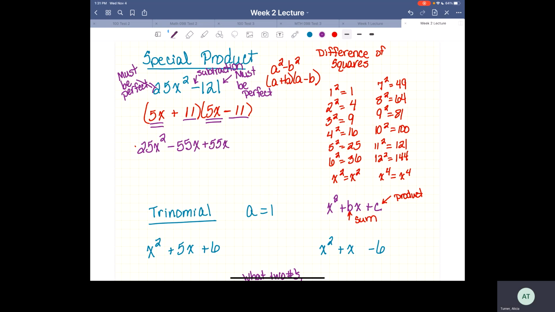And that right there is the important piece to this special product. You can do 11 times negative 11 and get negative 121. So the reason that this factors is because this right here cancels out. That cancels out. Okay, so I end up with 25x squared minus 121 because those cancel out.